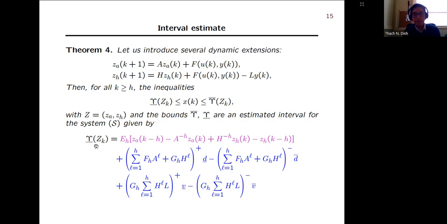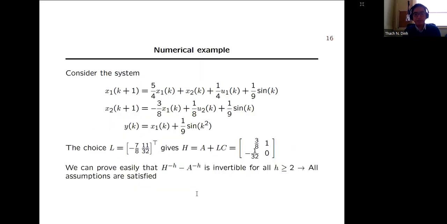And similarly, to compute the lower bound, we keep the purple terms and replace the uncertainty by its lower bounds. So that's the idea of using an active cell delay to design an exact estimate and an interval estimate for time invariant discrete time systems.